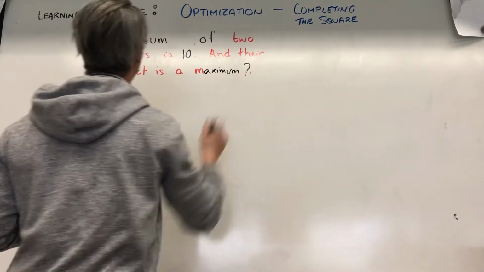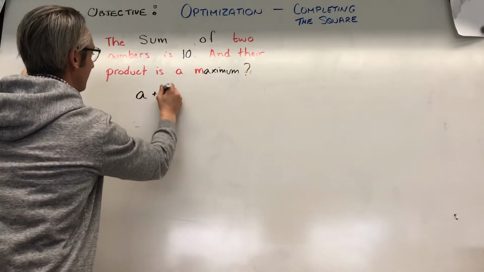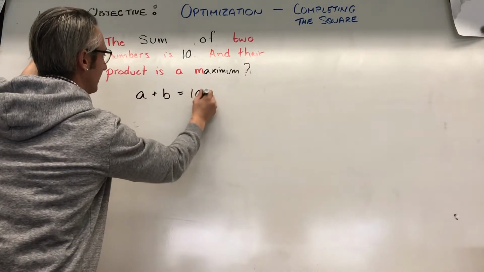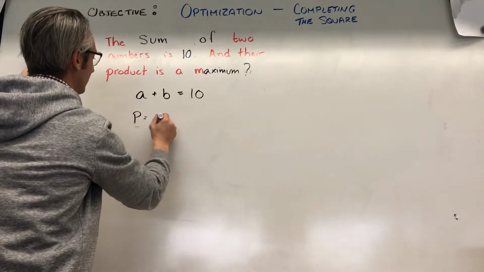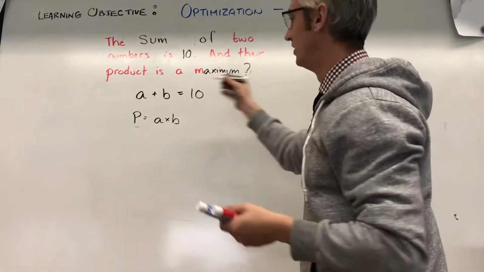If this was the problem I asked you, well again, I have two pieces of information. First, the sum of two numbers, a plus b, is equal to 10, and the product is equal to a times b.